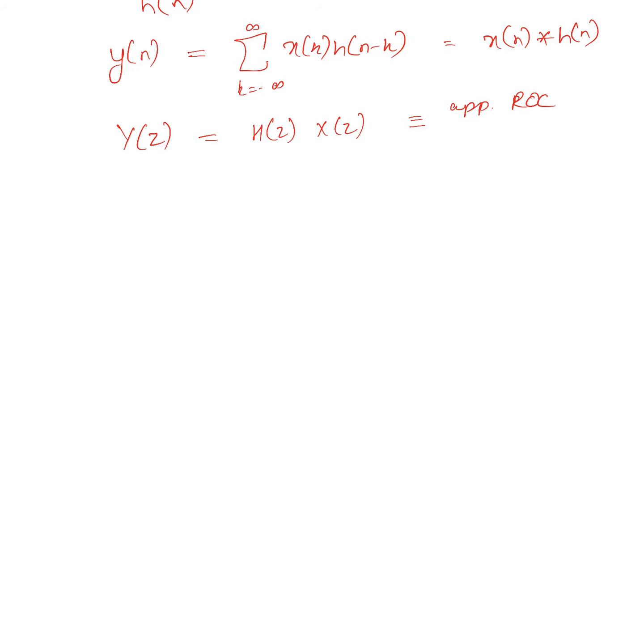Dwelling a bit on the frequency response of an LTI system, we have also deduced the concept of eigenvalue and eigenfunction. For the discrete time Fourier transform, we have defined the function H of e to the power j omega as the eigenvalue, and for some specific input e to the power j omega n, we have defined this as the eigenfunction.